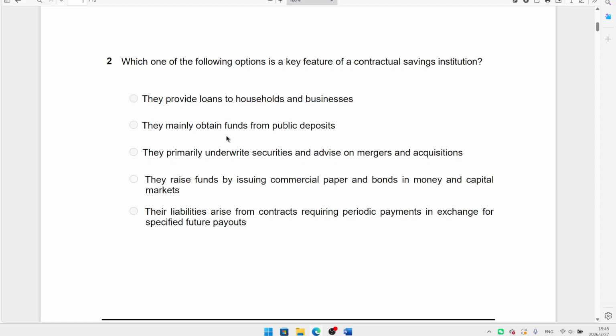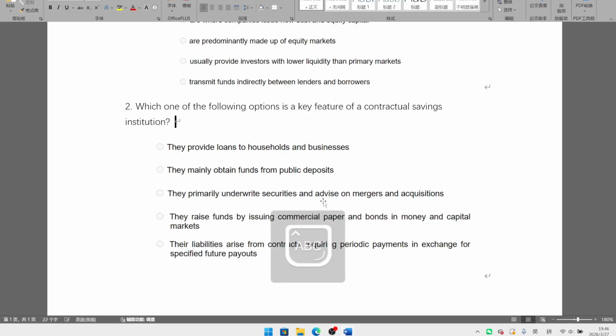No. It mainly obtains funds from public deposits. Yes. The primary underwriting of securities and advice on mergers and acquisitions. No. They derive funds by issuing commercial paper and bonds in the money and capital markets. No. The liability arises from contracts requiring periodical payments in exchange for specific future payouts. So I think it's B.